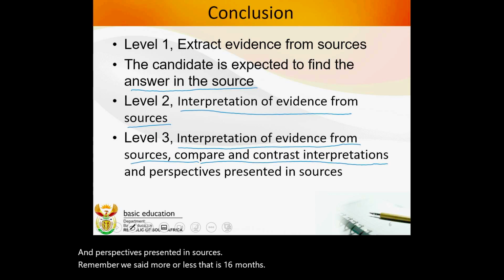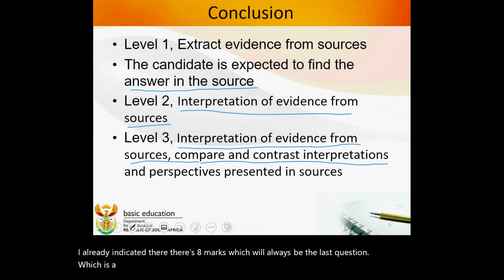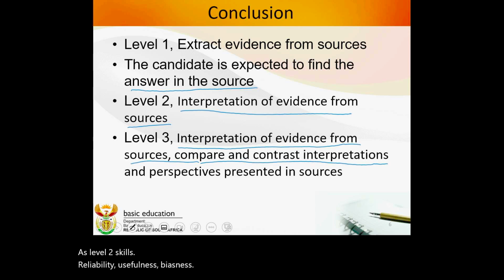I already indicated there's 8 marks, which will always be the last question, which is a paragraph question. The other 8 marks will come on what we call level 3 skills: reliability, usefulness, bias, as well as comparison of sources.